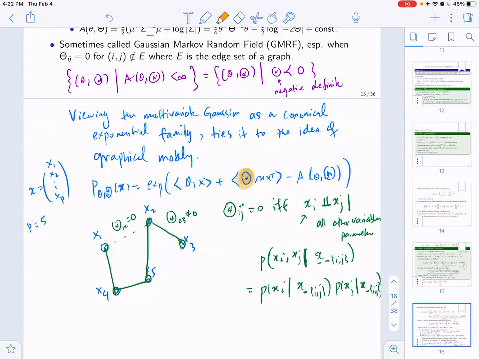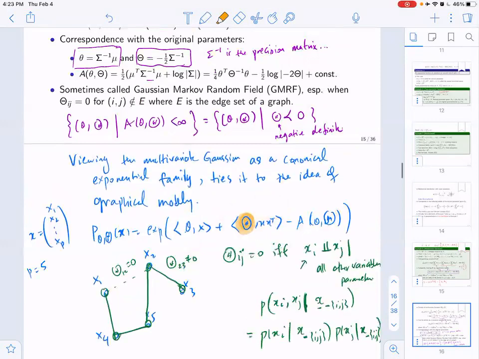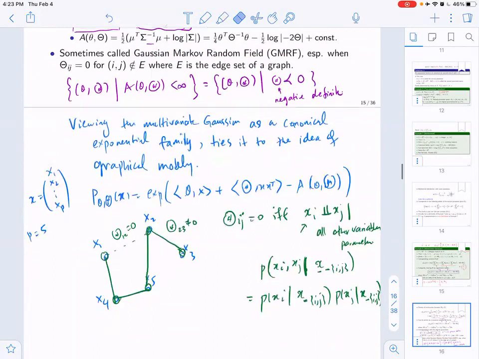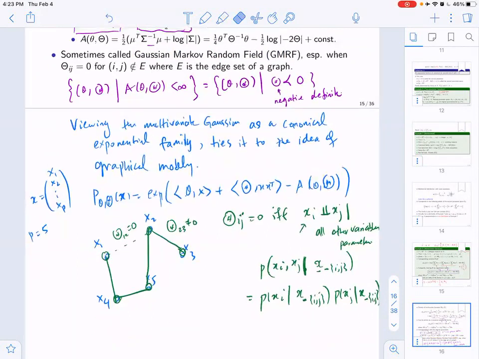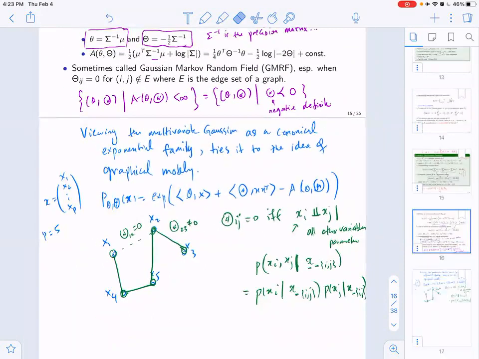So the multivariate Gaussian is both an exponential family and a graphical model. And sometimes when viewed as a graphical model, it's called the Gaussian Markov random field. So there's a whole literature on these things. And this is one of the examples of a basic distribution, which is both an exponential family and a graphical model.